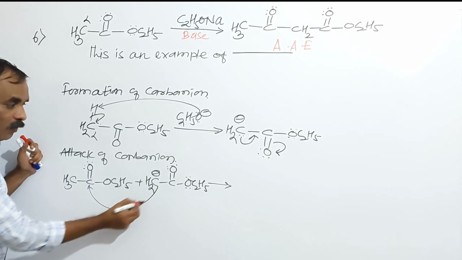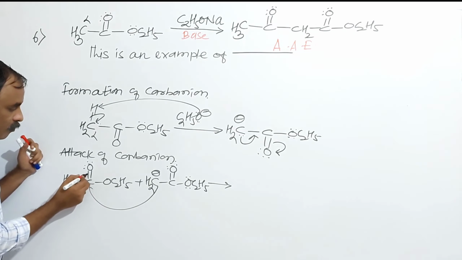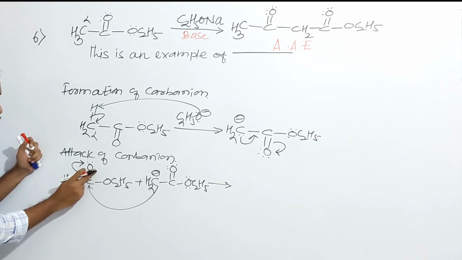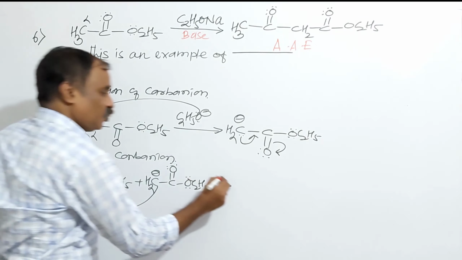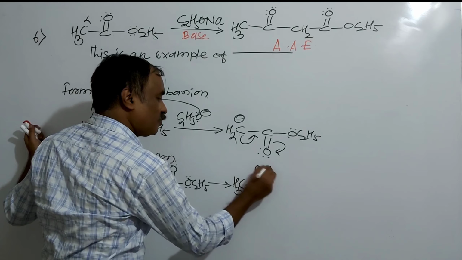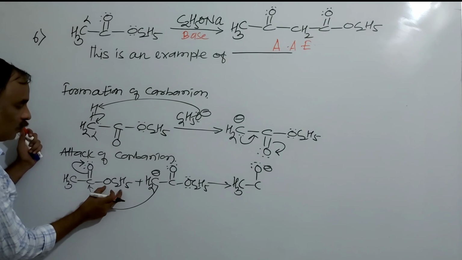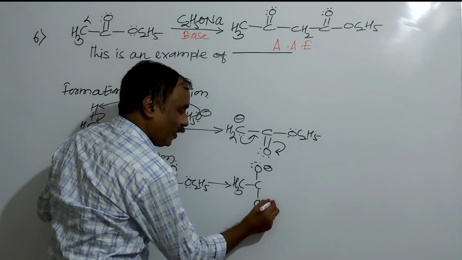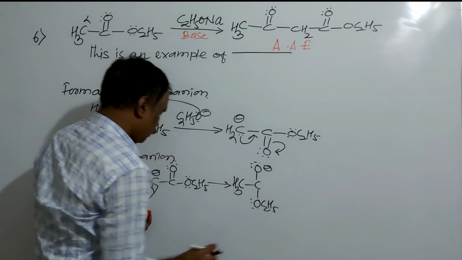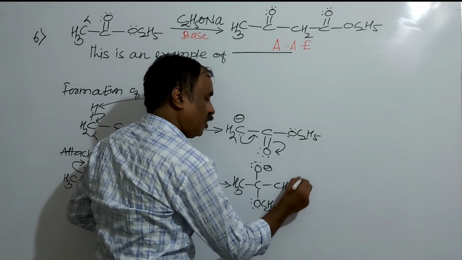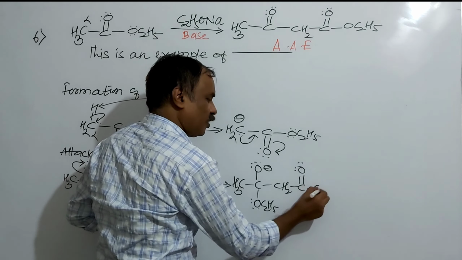Here also there is formation of a new carbon-carbon single bond, breaking the pi bond and shifting of electrons like this, and this oxygen will be negatively charged. So the intermediate is CH3, CO minus, OC2H5, and here it is CH2, C double bond O. Rest of the structure as it is.